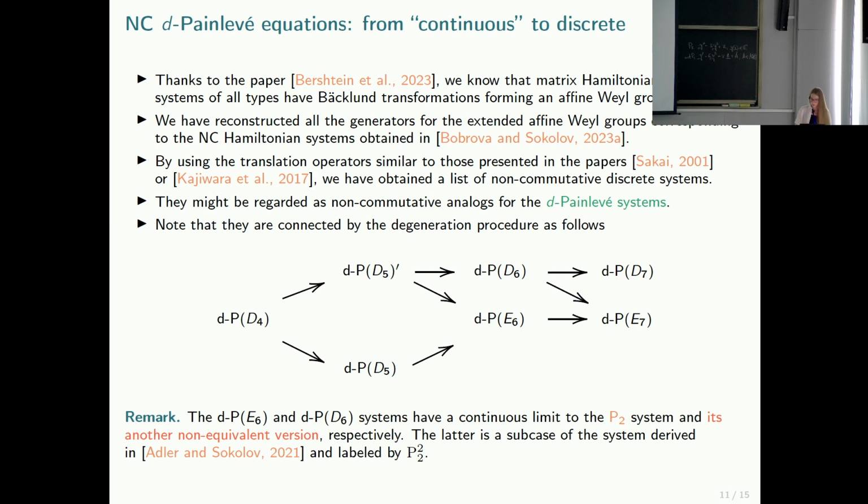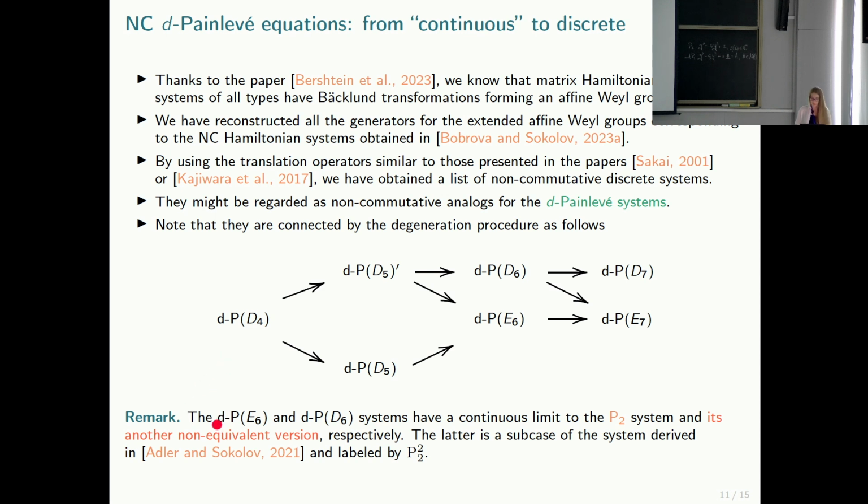At this point, I can say that equations from this list are related to each other by the famous coalescence cascade, or the degeneration procedure. In particular, we can consider continuous limits for these systems, and at this stage we know them only for several, not all, of the equations.